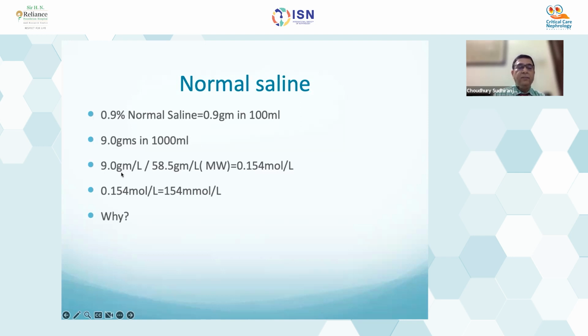If you divide 9 grams by the molecular weight, 58.5 for sodium plus chloride together, that comes to around 0.154 moles per liter, and converting it, it is 154 millimoles per liter.